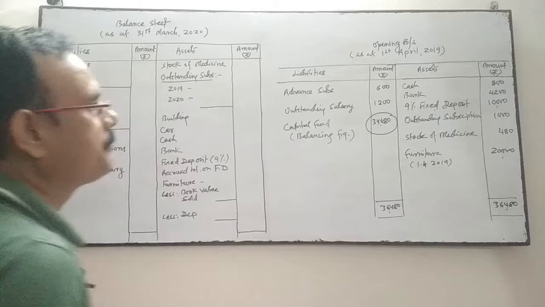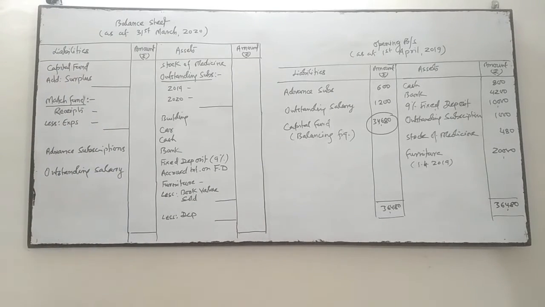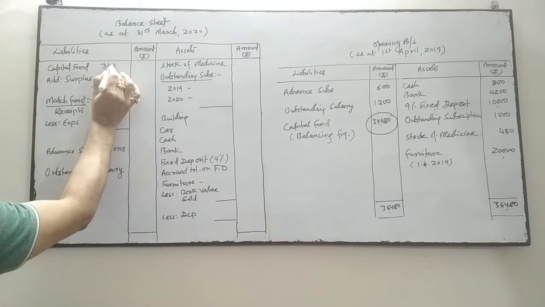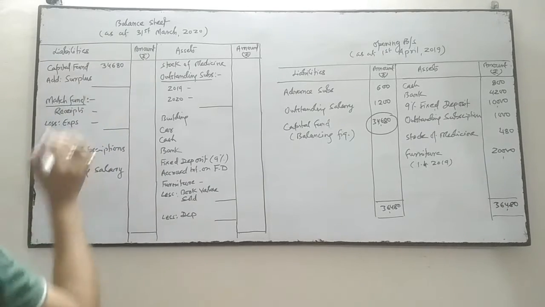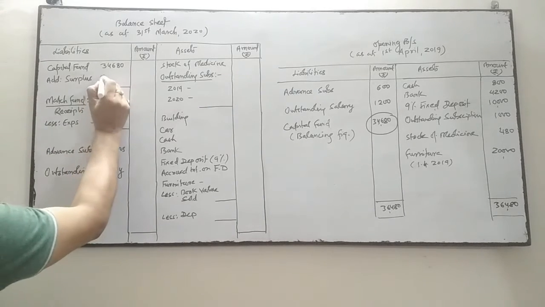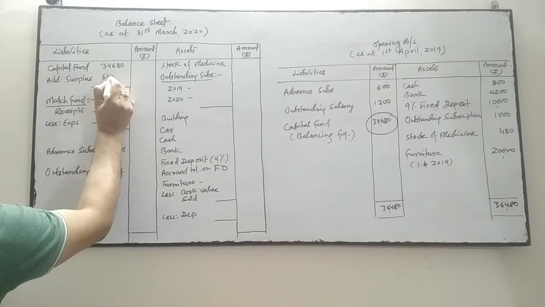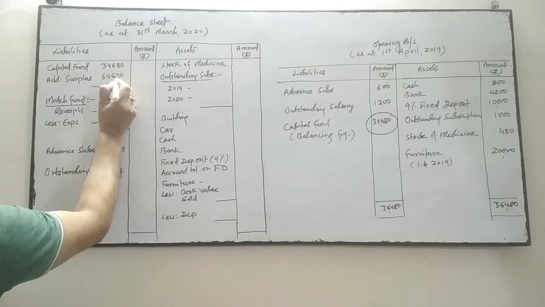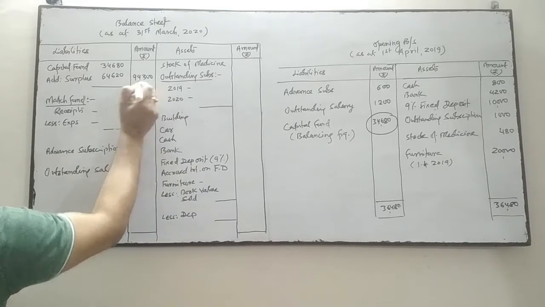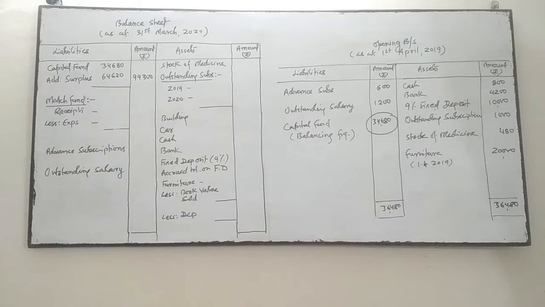So write the capital fund over here, 34,680, and add the surplus, 64,620. So total is 99,300. So capital fund, add surplus, which is carried from the income and expenditure account.